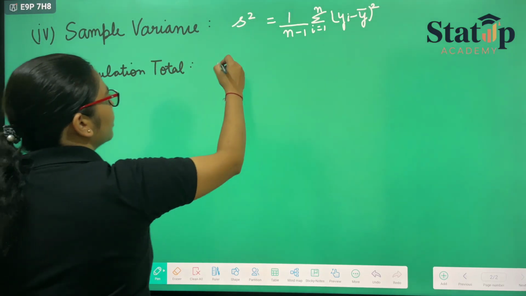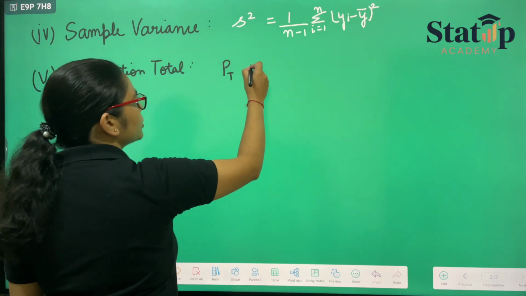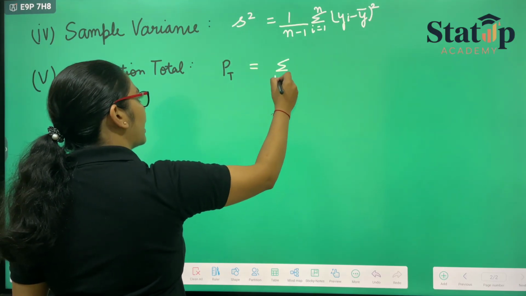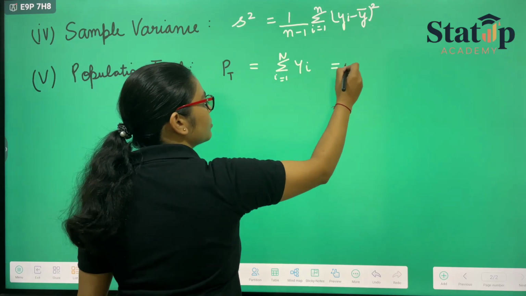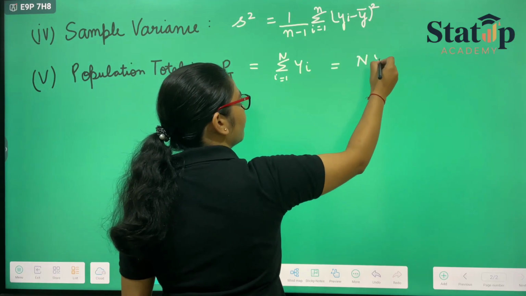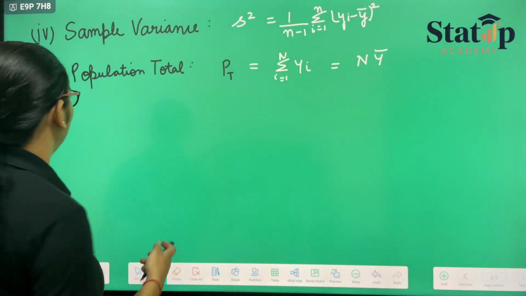We can write PT, which is given by summation i goes from 1 to capital N, y i, or simply N Y bar, which has been taken from the mean, obviously.